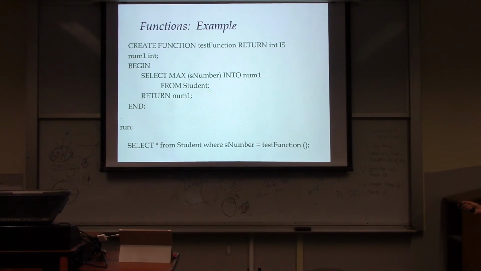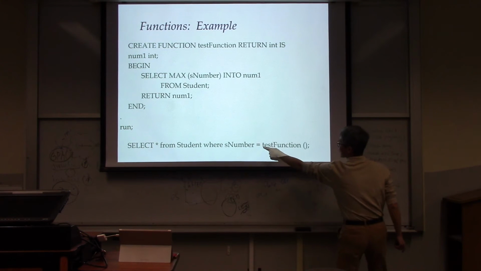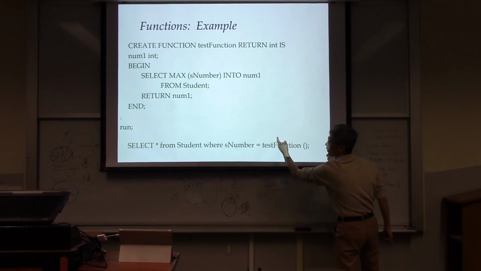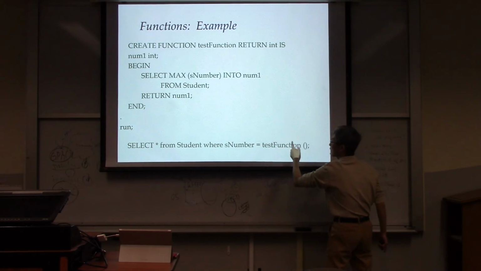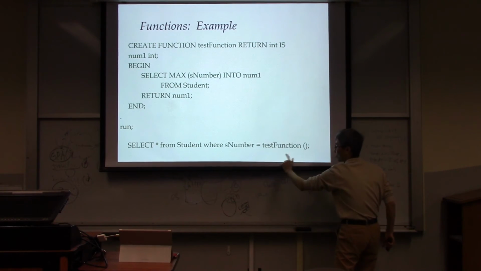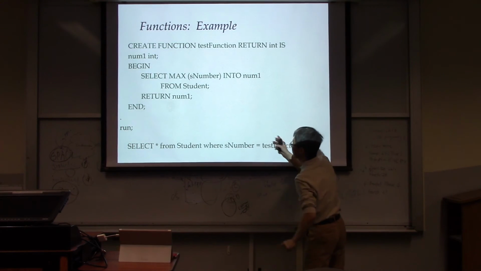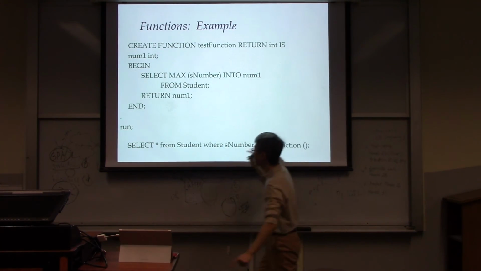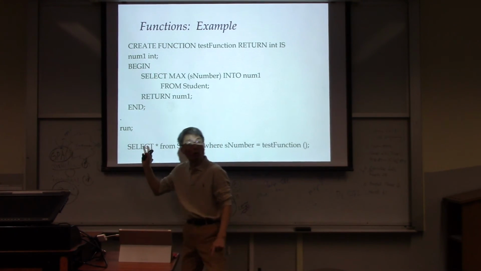Num1 will be returned whenever you call. So how can we use the function? You can use the test function call. The S number will be test function. Then there is no input. Then it will be run. Then the maximum will be stored here, or this one will be used here also.